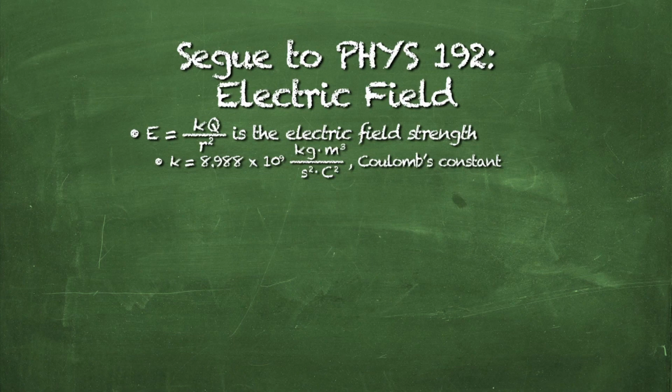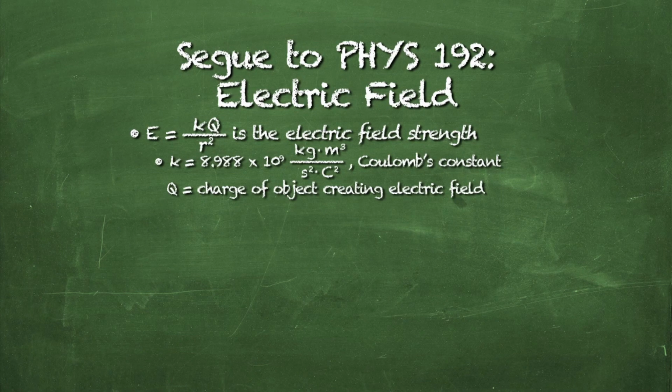Coulomb's constant is 8.988 times 10 to the 9 kilograms meters cubed per second squared coulomb squared, times big Q, which is the electrical charge, our analog to mass now, of the object creating the electrical field, divided by r squared, the distance that you are from the center of the object creating the electrical field.